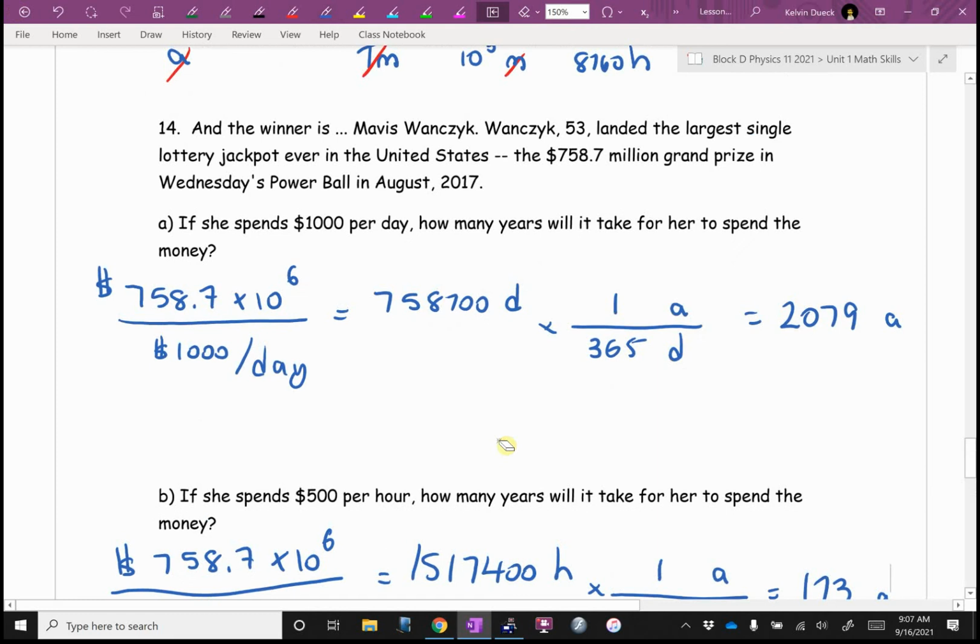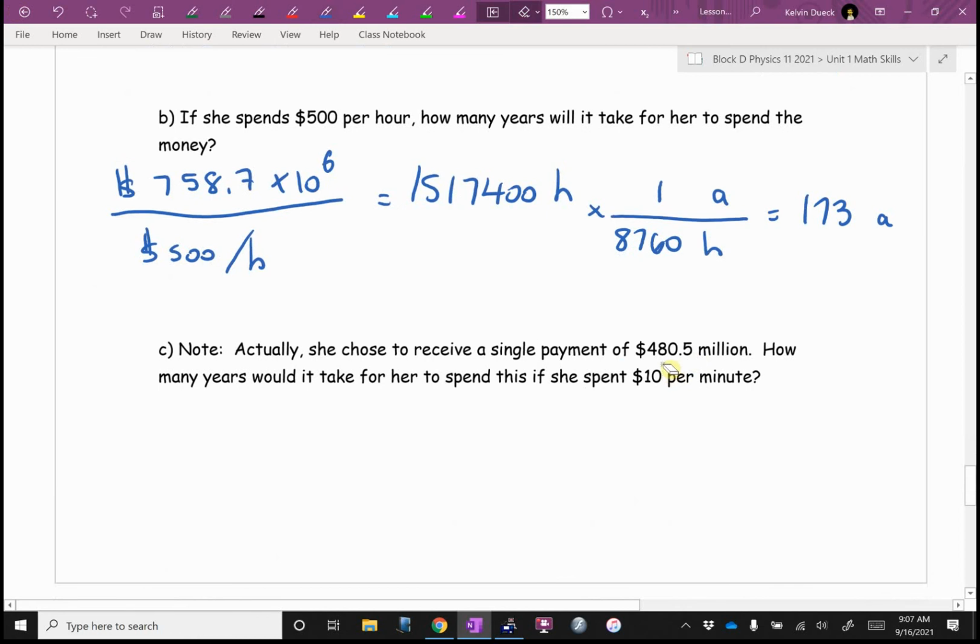Actually, although she won 758.7, typically when you win a large lottery prize, they give you a choice. They'll pay the money out to you over 20 years or over 25 years in installments, or they'll give you a smaller sum up front. And so she chose to take the 480.5 million, I'm going to use air quotes, smaller sum up front.